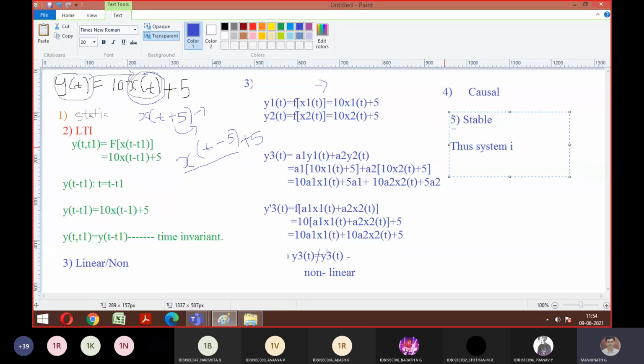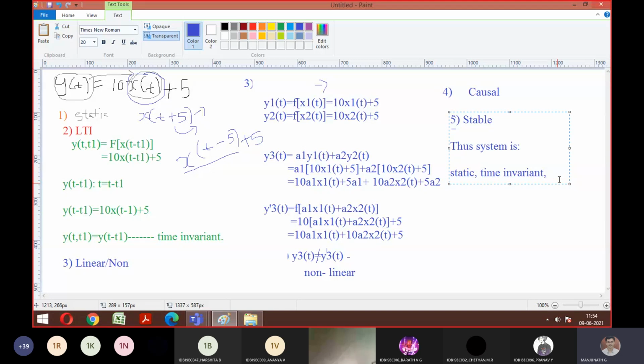Thus or hence the system is. So you need to write all the answers together. So first one is static, then time invariant. So this sentence that I am writing carries 1 more mark. If you finish all 5 properties and don't write this last statement, they will cut the marks for that.